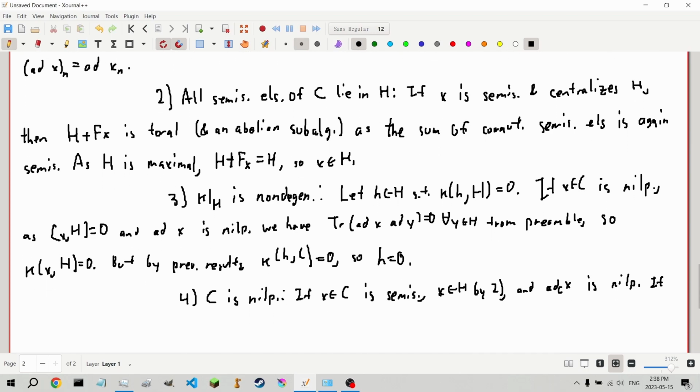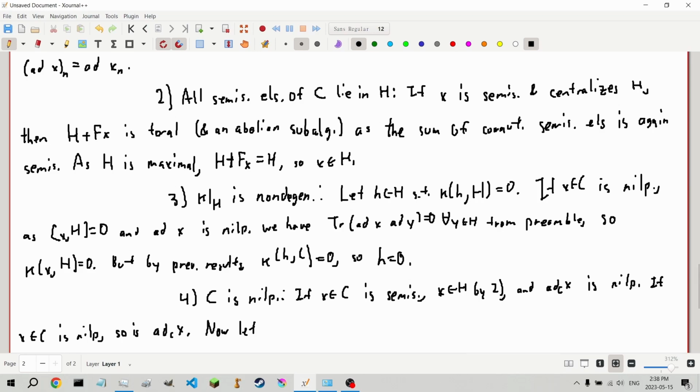But if X in C is nilpotent, so is the C adjoint of X nilpotent, so either way it is nilpotent.